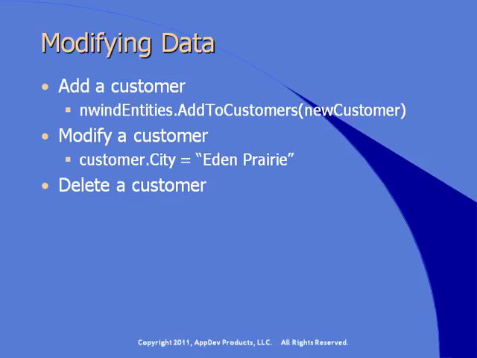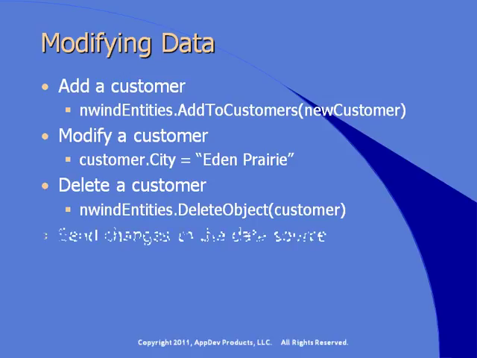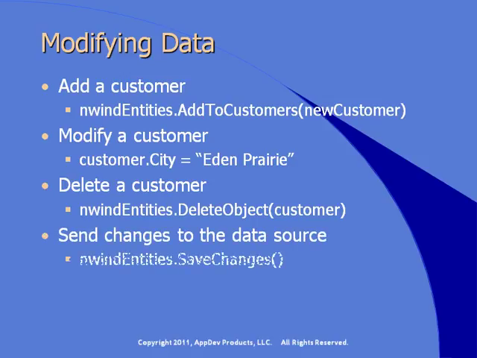To delete a customer, we can call the DeleteObject method of the object context and pass an instance of the customer. Now, of course, this is all done in memory. We haven't actually saved anything yet. To send changes back to the data source, we call the SaveChanges method of the object context. So let's go see some demos of modifying data.